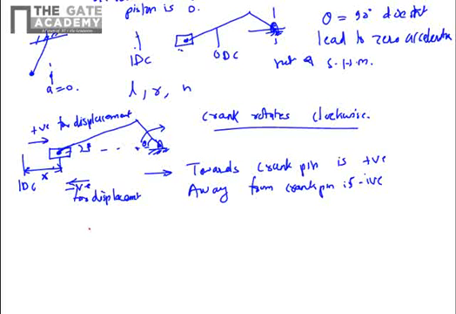In many GATE questions, you will find that a simple thing will be changed. Like the configuration will look almost the same. The x is from the inner dead center, but the crank rotates anti-clockwise.